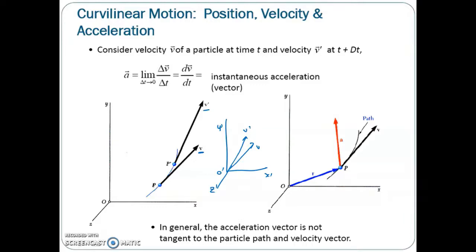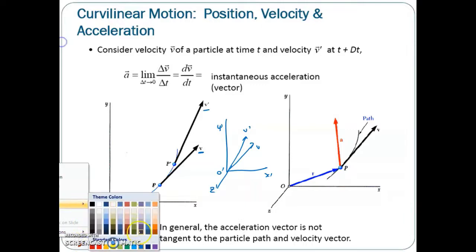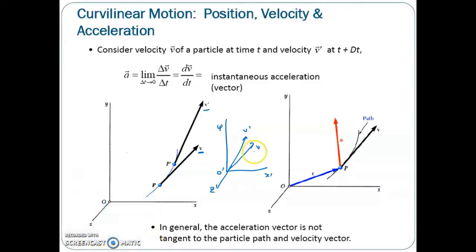I will call this Q. If you trace this out, at Q and Q prime, the vector joining Q and Q prime is here, we call it delta v. It represents the change in the velocity of the particle during the time interval delta t.